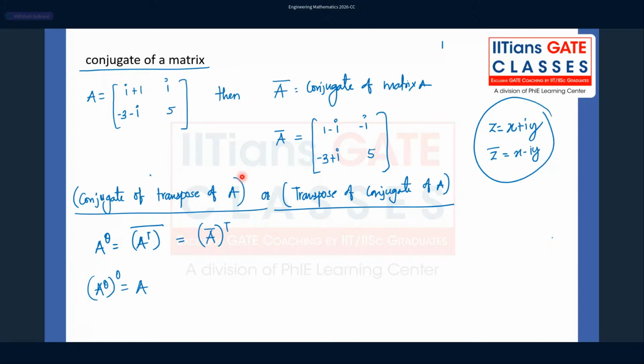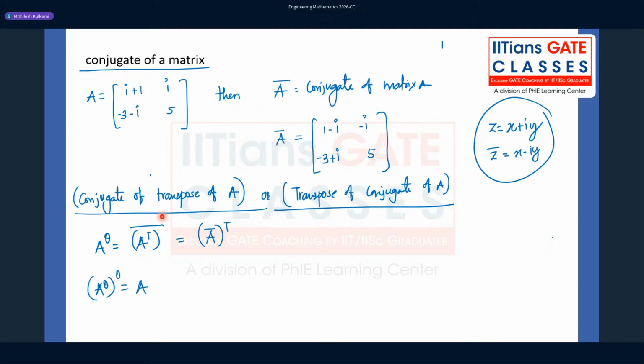Then another point: conjugate of transpose of A, or transpose of conjugate of A. So basically, we understood transpose, we understood conjugate, and now we are trying to take both of them together.